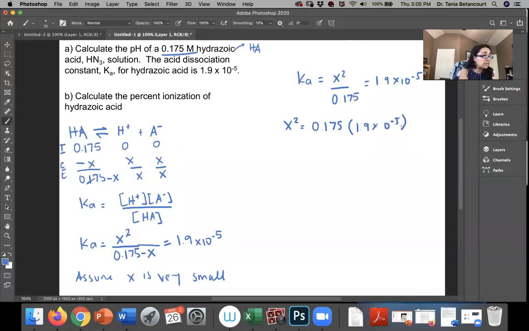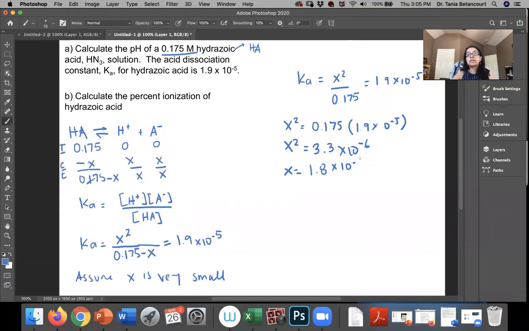According to my notes, X squared is equal to 3.3 times 10 to the minus 6. Once we take the square root, X is equal to 1.8 times 10 to the negative 3.